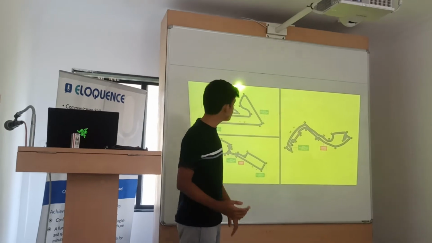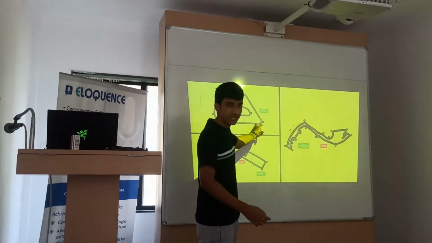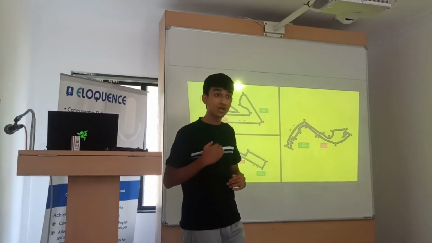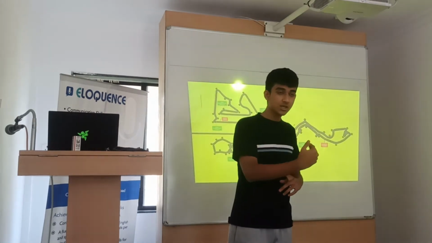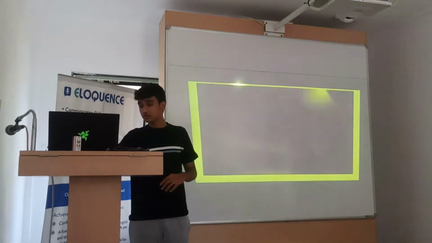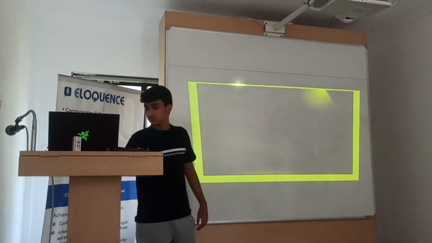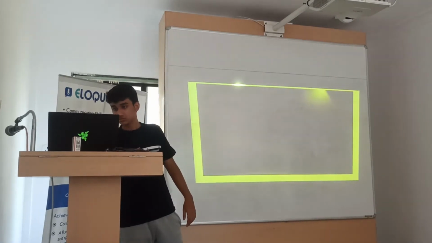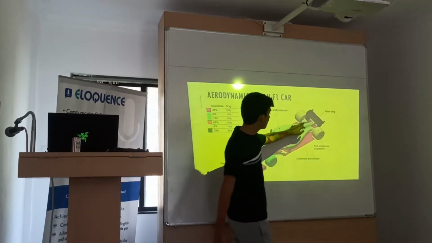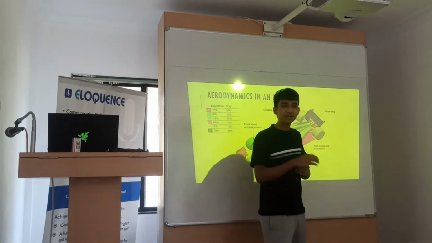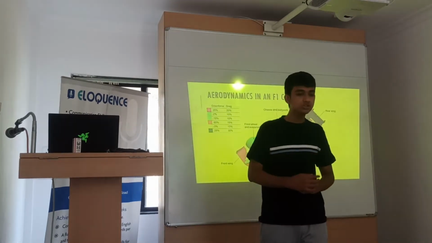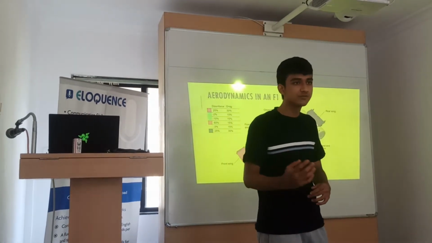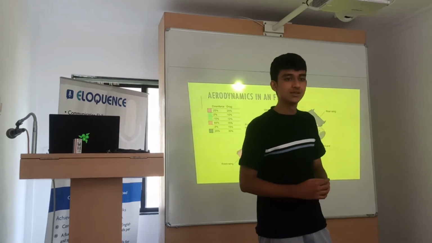What this did was, if two cars are both going through the straight, and the second car is within 1 second of the car in front, a flap at the rear wing will open, reducing the drag and increasing the top speed by around 10 to 13 kilometers per hour. Yeah.